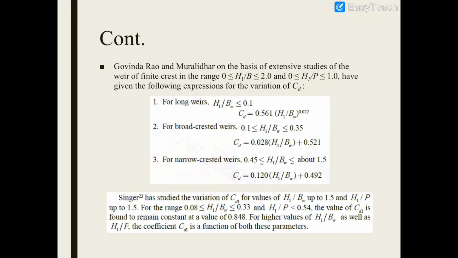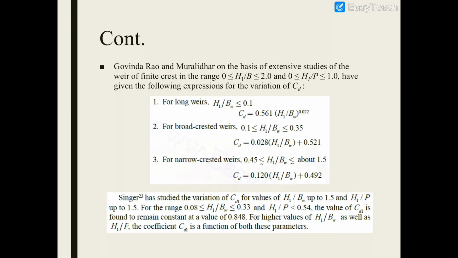Govinda Rao and Muralidhar, on the basis of extensive studies of the weir of finite crest in the range H1 upon Bw 0 to 2.0 and H1 upon P 0 to 1 have given the following expressions for the variation of CD. For long weirs, if H1 upon Bw is less than or equal to 0.1, the CD is 0.561 (H1 upon Bw) to the power 0.022.